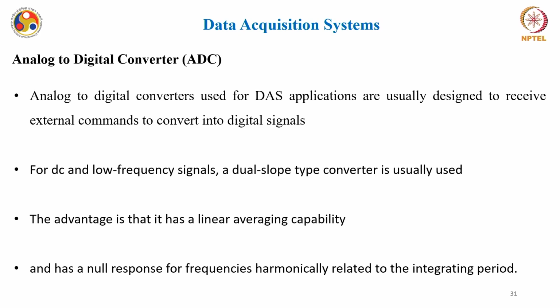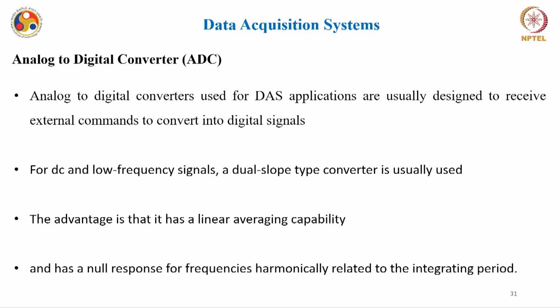Analog to digital converters used for DAS applications are usually designed to receive external commands to convert into a digital signal, mostly analog commands. For DC and low frequency signals, a dual slope type converter is used. We have discussed the dual slope type analog to digital converter in detail.